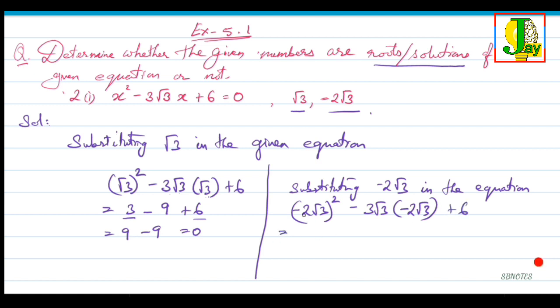So that's minus into minus, 2 into 2 is 4, root 3 into root 3 is 3, 4 into 3 is 12, minus into minus is plus, 3 into 2 is 6, root 3 into root 3 is 3, so 18, plus 6. So we can see that all are positive, right? So there is no negative number, hence it cannot be 0. So that's 12 plus 18, 30 plus 6, 36. Which is not equal to 0.